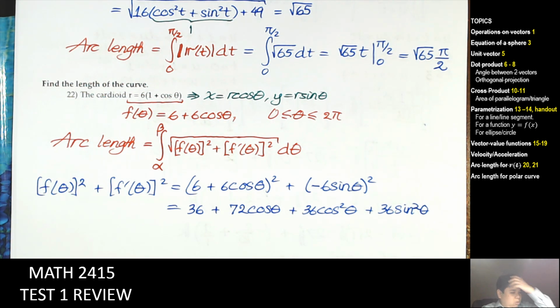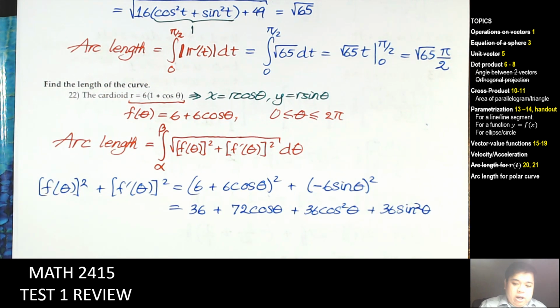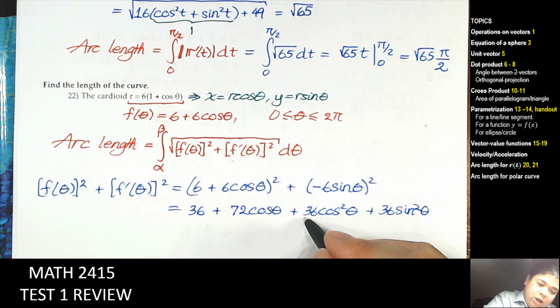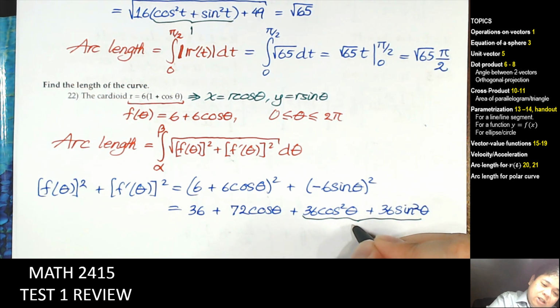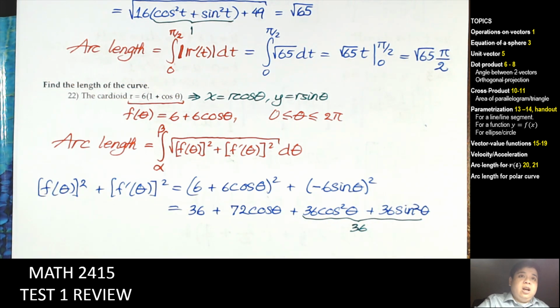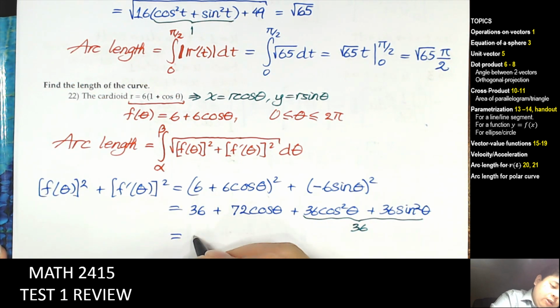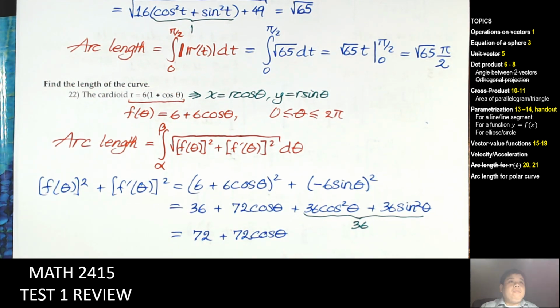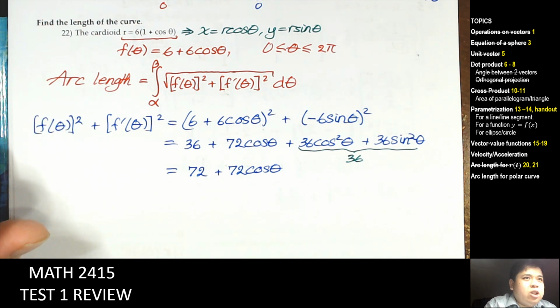The function squared plus derivative squared: cosine squared and sine squared equal 1, so that is 36 here. 36 and 36, that is 72, and 72 cosine theta. So we have 72 plus 72 cosine theta.